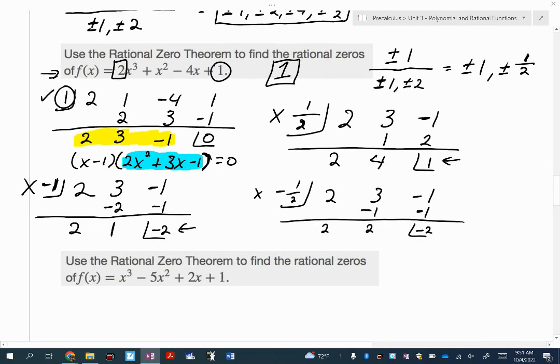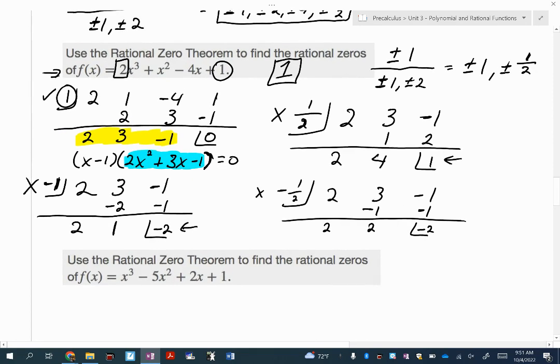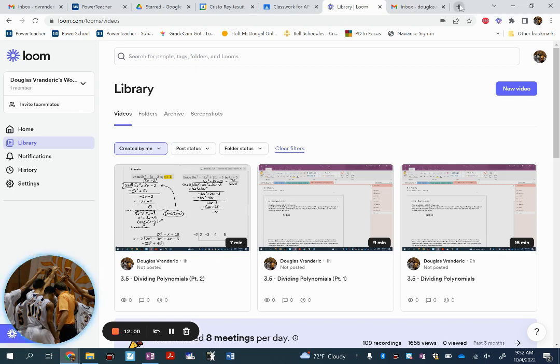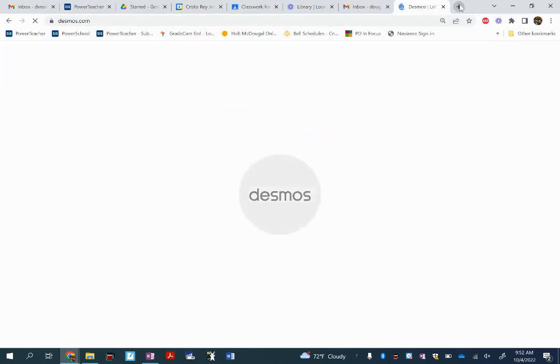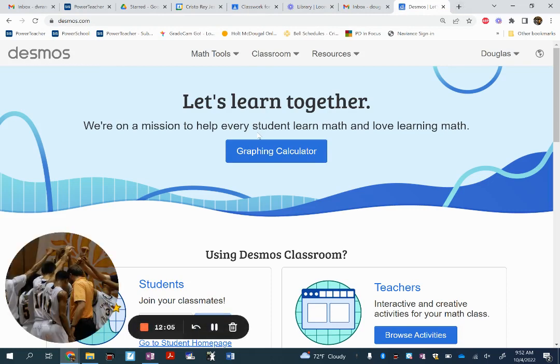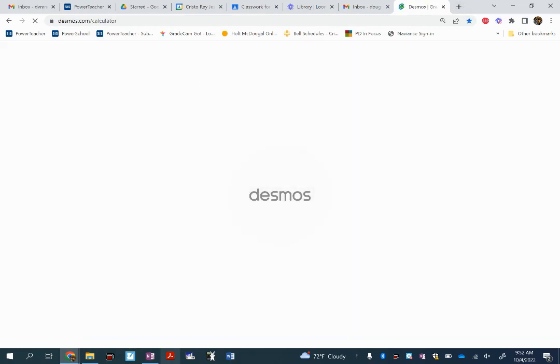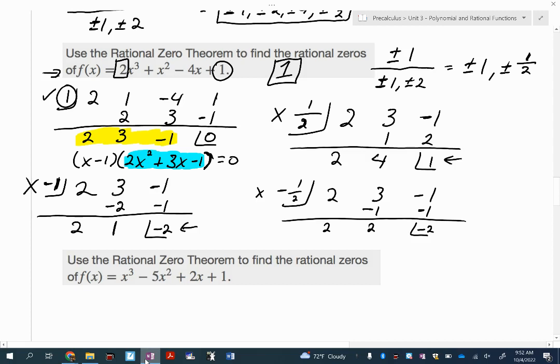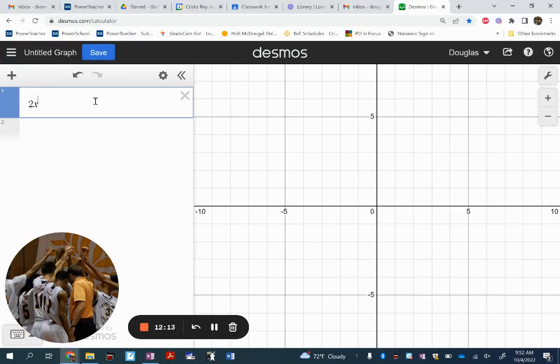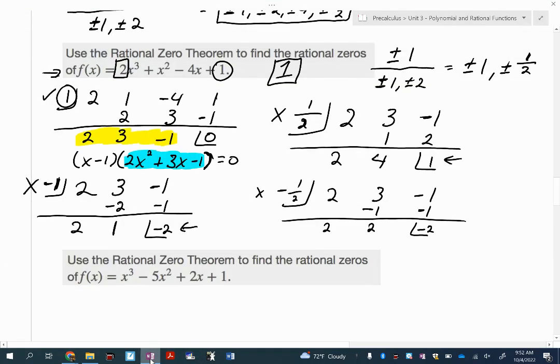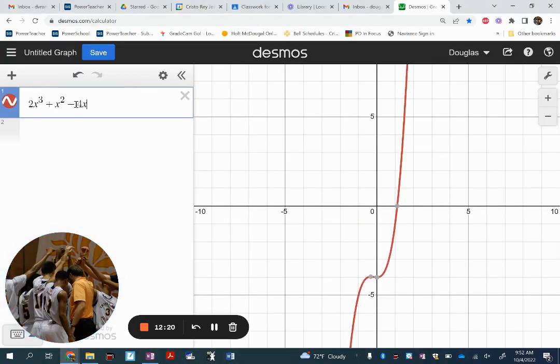So let me show you guys, and you would do this, obviously, if I had to ask you to solve this algebraically, most likely with the quadratic formula. But if I graph 2x cubed plus x squared minus 4x plus 1, let me show you that just because I only found one answer for this doesn't mean that I don't have 3 total solutions. So 2x cubed plus x squared minus 4x plus 1.